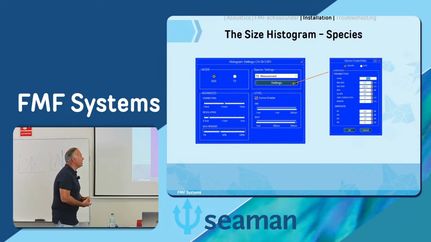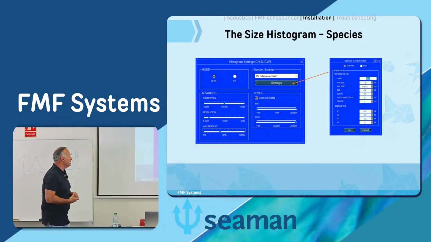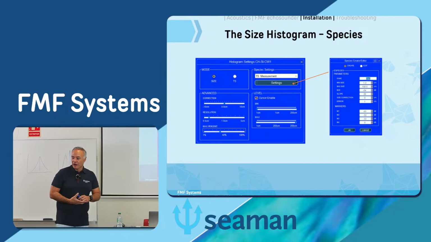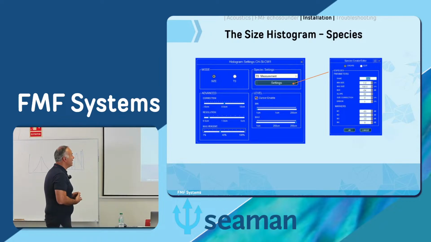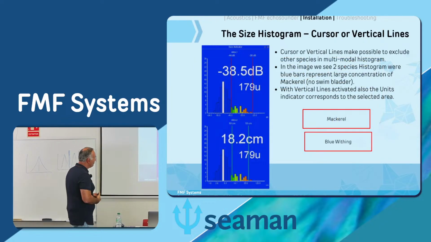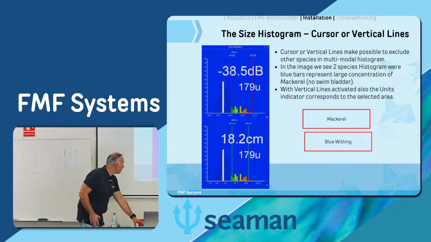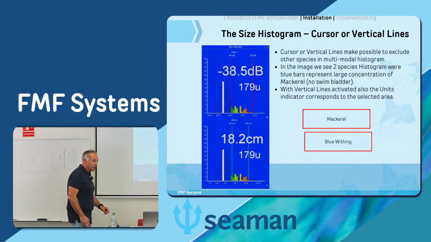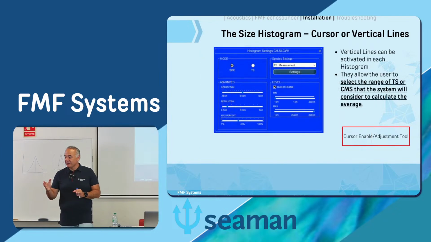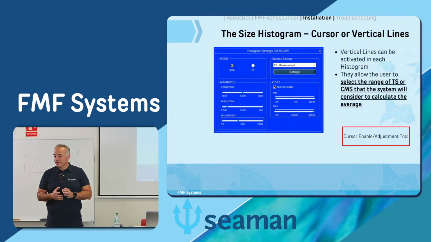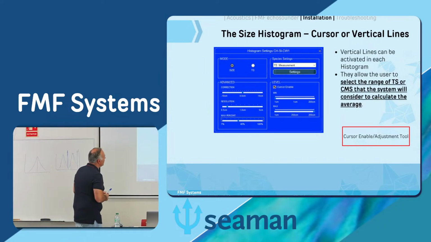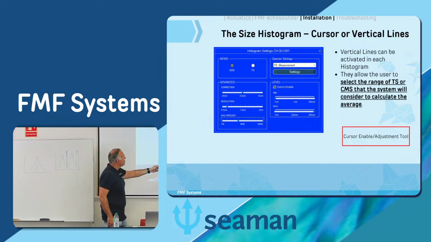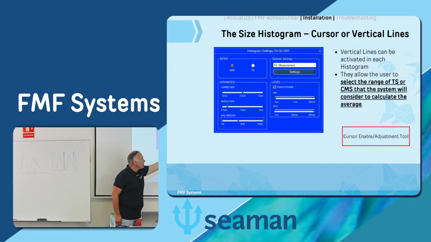These slides explain what I explained before, the vertical lines. Vertical lines can be adjusted by clicking on the line and moving it, and also inside the histogram adjustment menu.